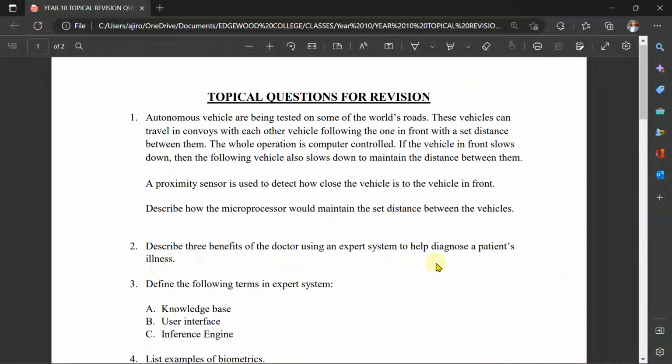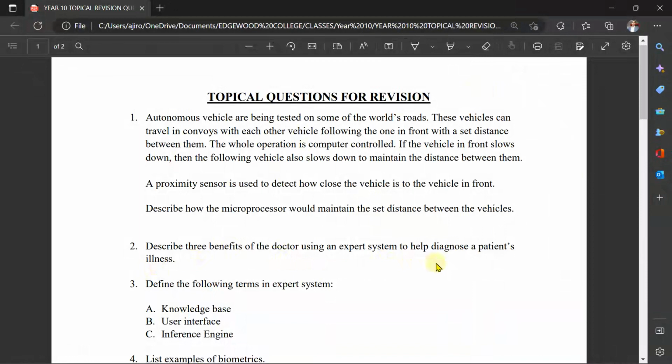For the inference engine, I have 4 points. The first one is, this is the main processing element of the expert system. The second point is, the inference engine acts like a search engine, examining the knowledge base for information that matches the query.